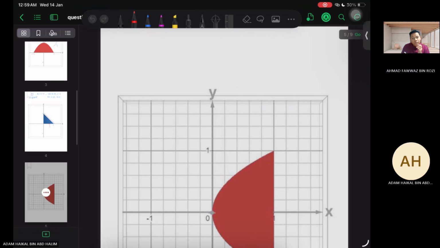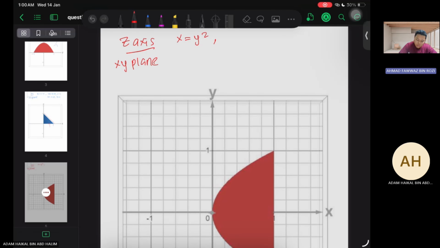Okay. For the z-axis graph, it shows the xy plane. So from the equation we get from the question, x equal to y square, and as usual we let x equal to 0 and y equal to 0. If we let x equal to 1, so y square equal to 1, y equal to plus or minus 1.